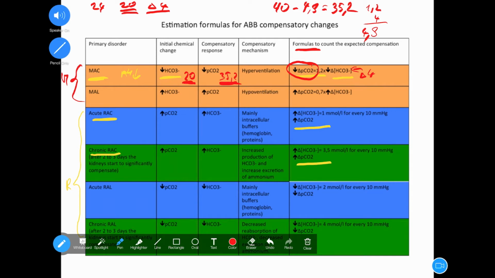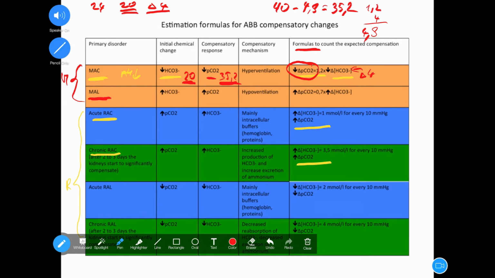This is exactly according to the formula, and you know it's only a compensatory reaction of the lungs. But if the number is way out, or it's 30 or 60 for the CO2, then you know it's not only a compensatory reaction, and there is something else going on. Okay? Get it? So that's for metabolic acidosis.